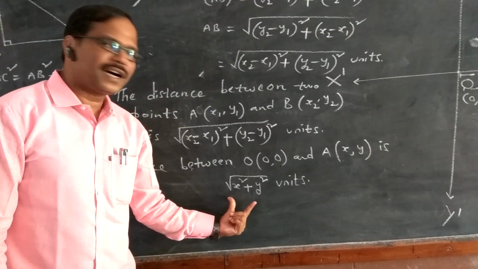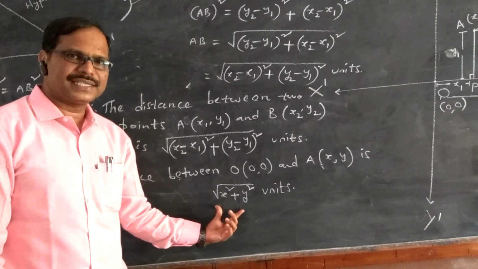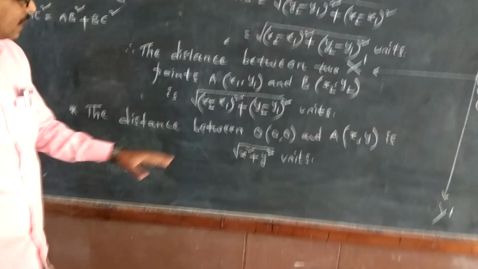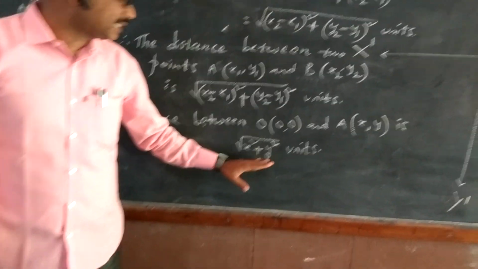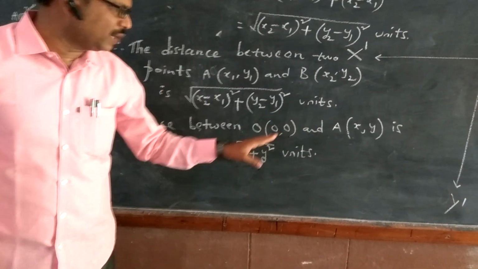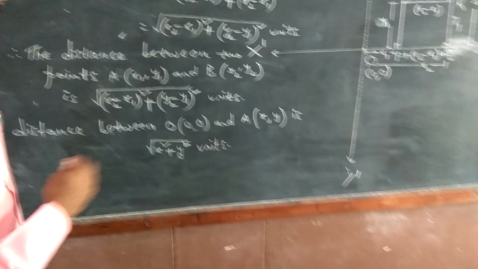We can use this formula to find the distance between two given points when one of the given points is the origin. Is that clear?